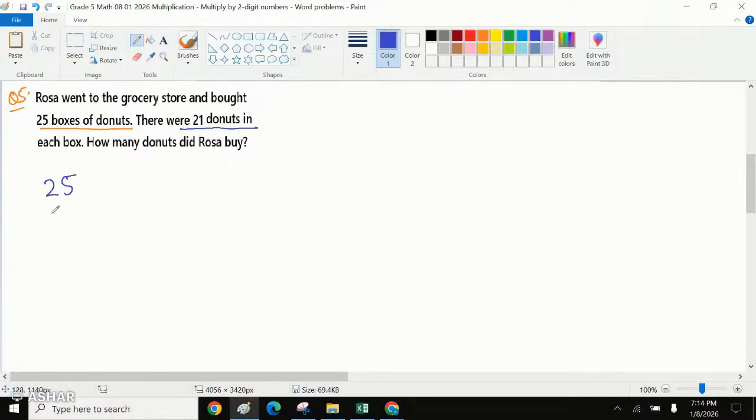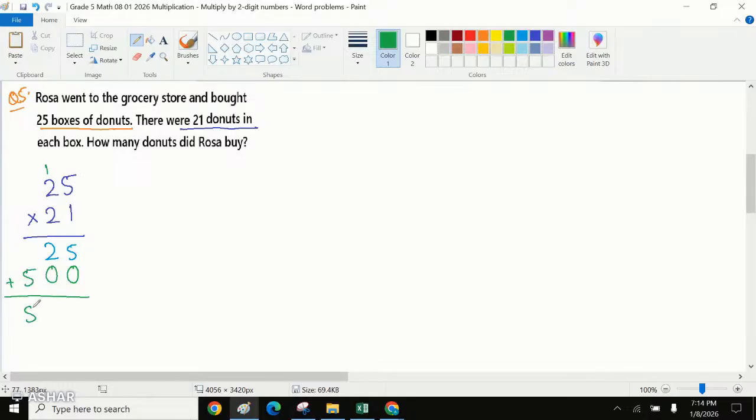25 is multiplied by 21. 1 multiplied by 5 is 5. 1 multiplied by 2 is 2. For the tens, we put a 0. 2 multiplied by 5 was 10. 1 is carried. 2 multiplied by 2 is 4 plus 1. That is 5.